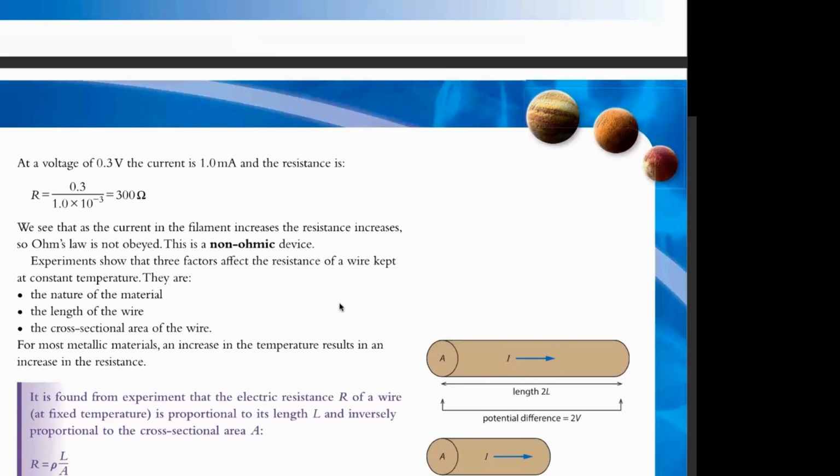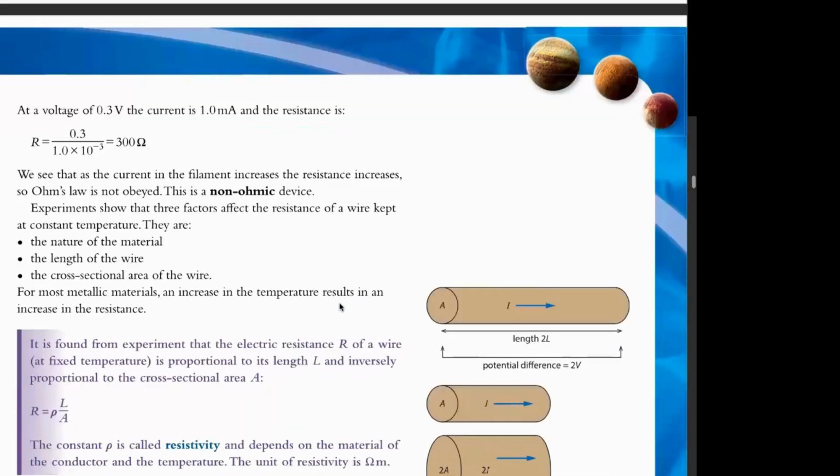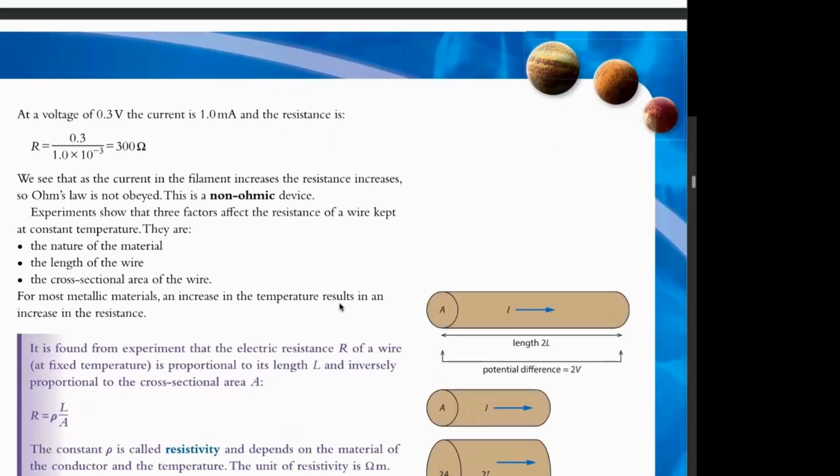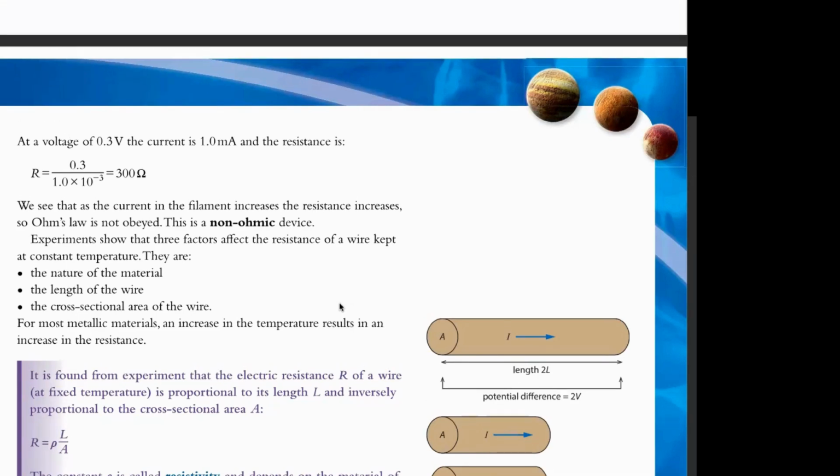Now, I will be telling you what resistance depends on. Ohm's law gives us the relationship between current and voltage. But resistance also depends on some of the geometrical aspects of the conductor.